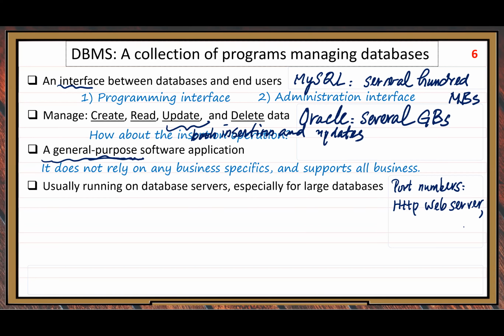There is a default HTTP port number. Default means you do not need to specify it. The default port number is 80. That means you do not need to type the port number. You just type your domain name, hit enter, and the default HTTP port 80 is used.